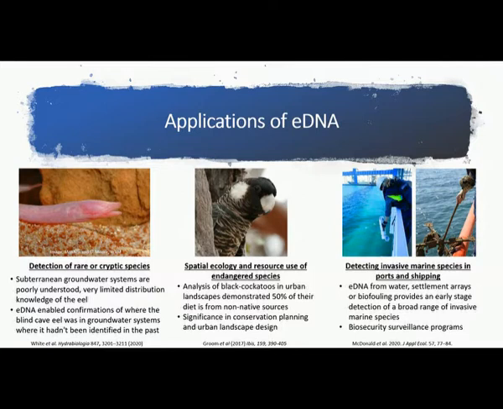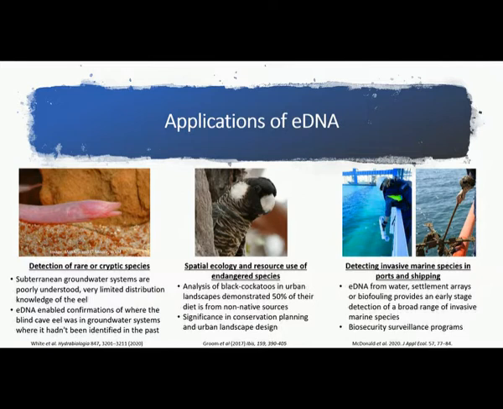Another example, in the middle, it was shown based on eDNA of the bird droppings from these black cockatoos that in urban areas 50% of their diet is essentially derived from non-native sources, which is not very healthy for these birds. So many of them might be in a poor health condition because of this.